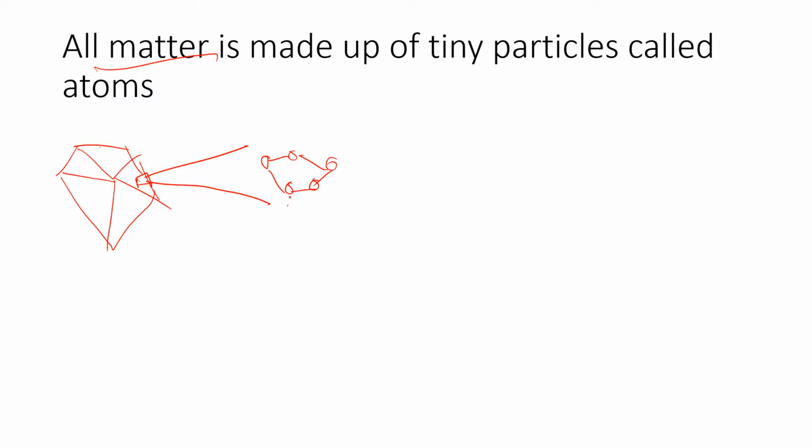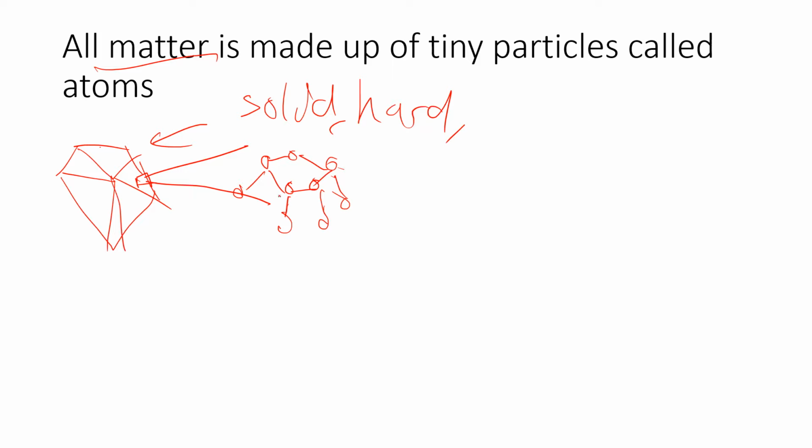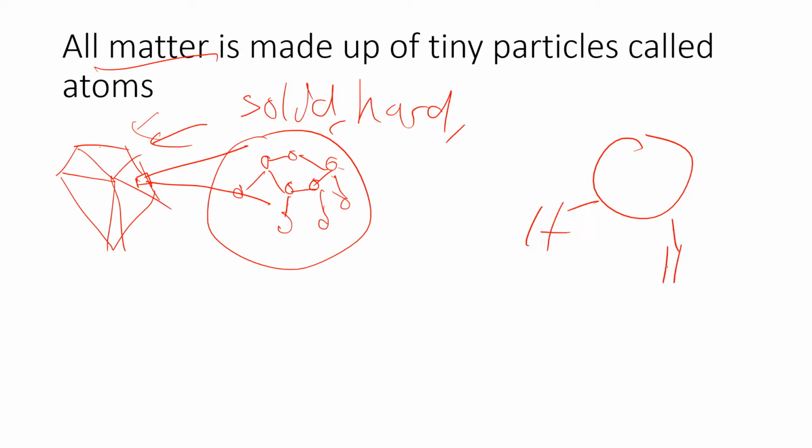These carbon atoms are bonded together, and their bonding allows the diamond to have that solid, hard, glistening shape. Okay, it's the properties of these atoms and the way they're arranged that allows diamond to be the way it is. How about water? Yes, water is also made up of tiny particles called atoms.